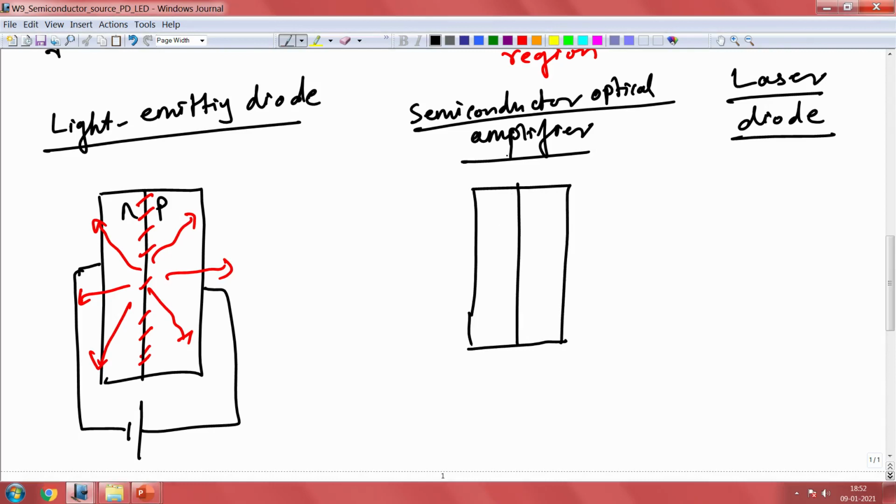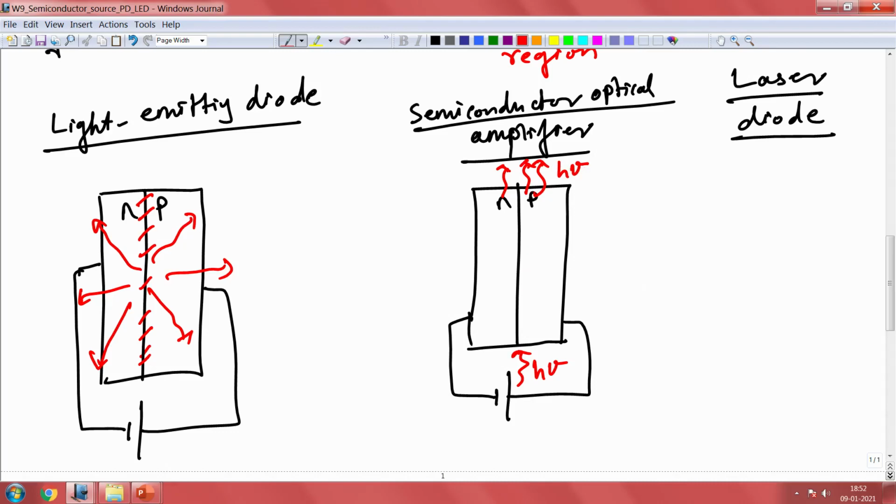Again you have N and P type, we are going to forward bias this, and in this case I am going to put a photon in. There is a photon of energy h nu, but when it comes out it has more photons of the same frequency, and this is in a directional form.